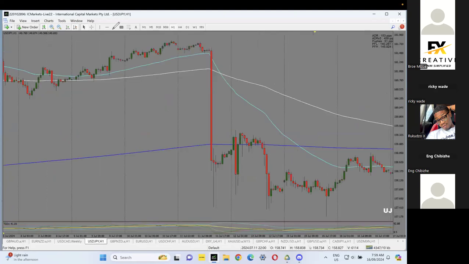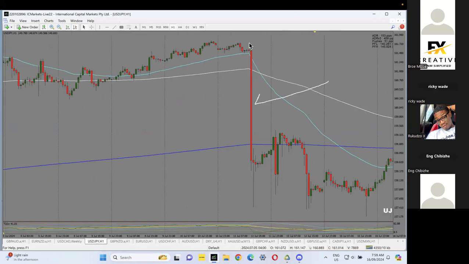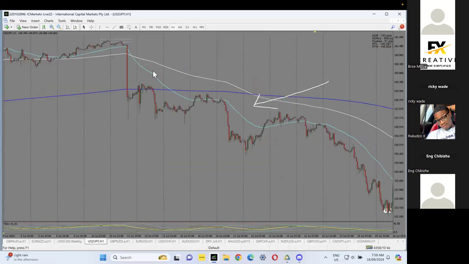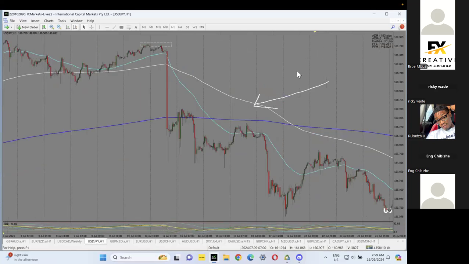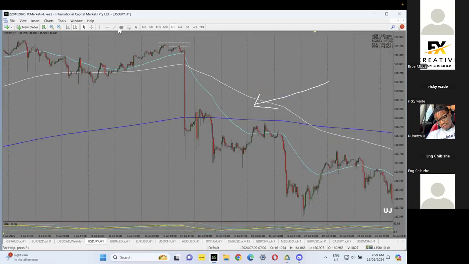And up there sits a peak formation. You can check it for yourself. Yeah, that looks better. Up there sits a peak formation. And notice what took place there.